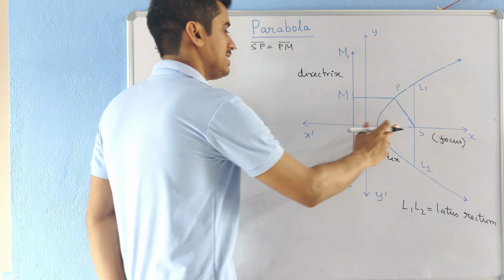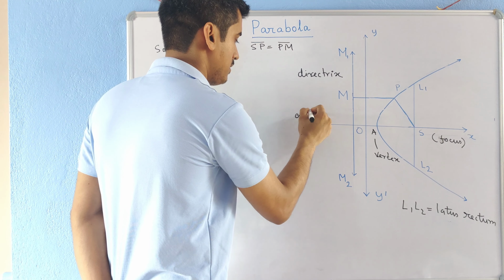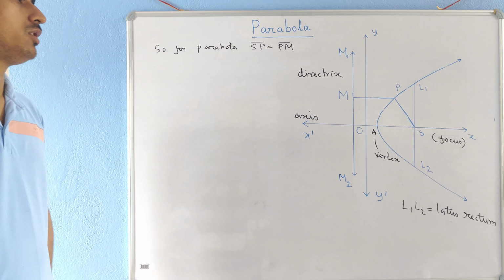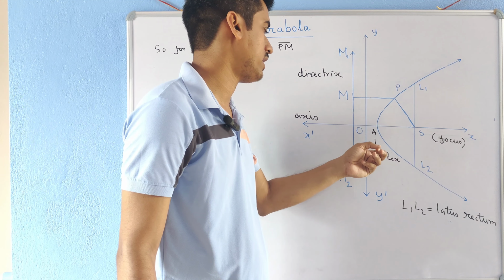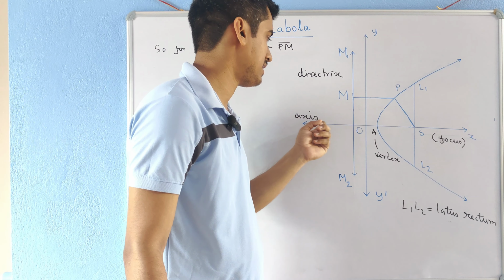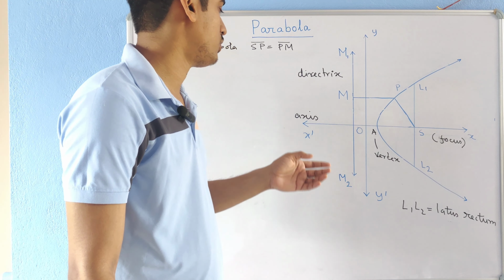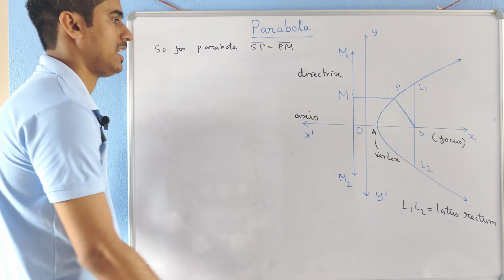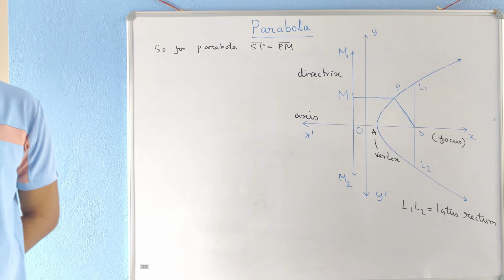Here the x-axis is the axis of the parabola. So, the fixed point S is the focus of the parabola, A is called the vertex, the fixed line is the directrix, and the line L1, L2 is called the latus rectum of the parabola.